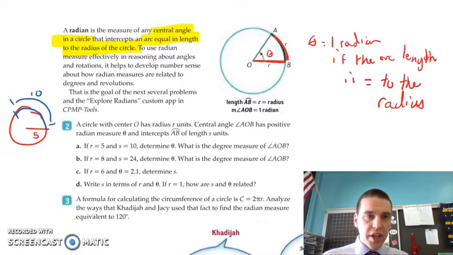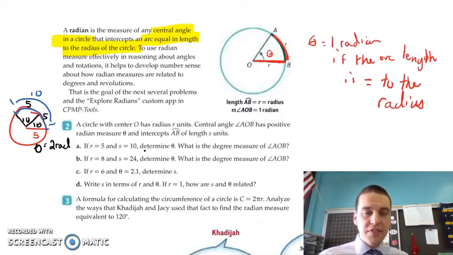Well, there's 5. That's 1 radian. Well, there's another 5 here. That's 1 radian. So now we have theta equal to 2 radians. So again, why is that? If the arc length is double the radius, we know that that's 2 radians, if 1 radian is equal to the arc length of 1 radius.